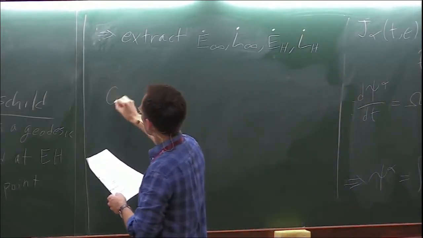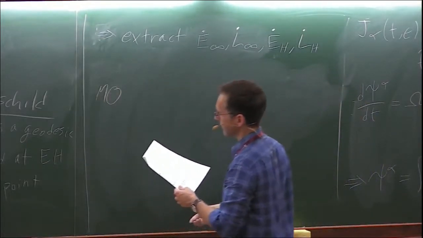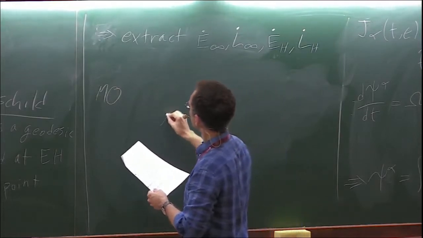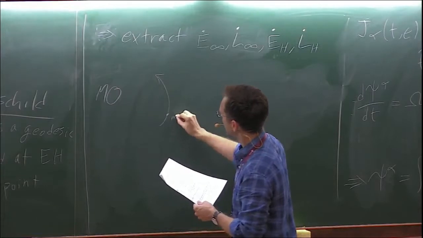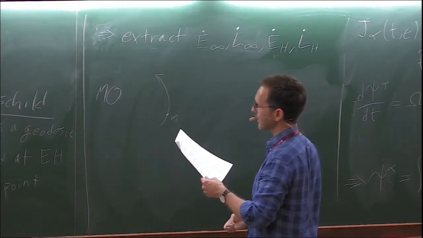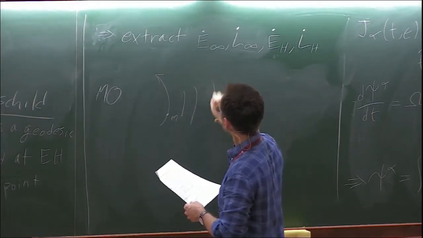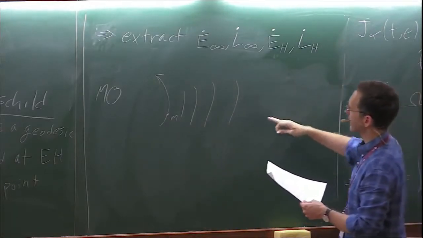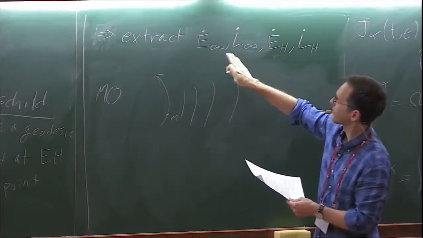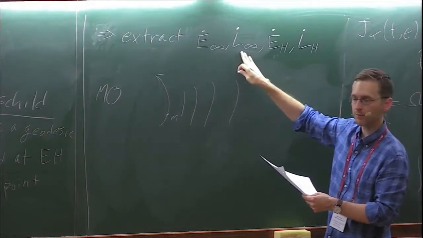So say we've got our big black hole here, we've got our point mass moving around in an orbit on a geodesic. That's radiating gravitational waves that go to infinity and create these fluxes of energy and angular momentum.